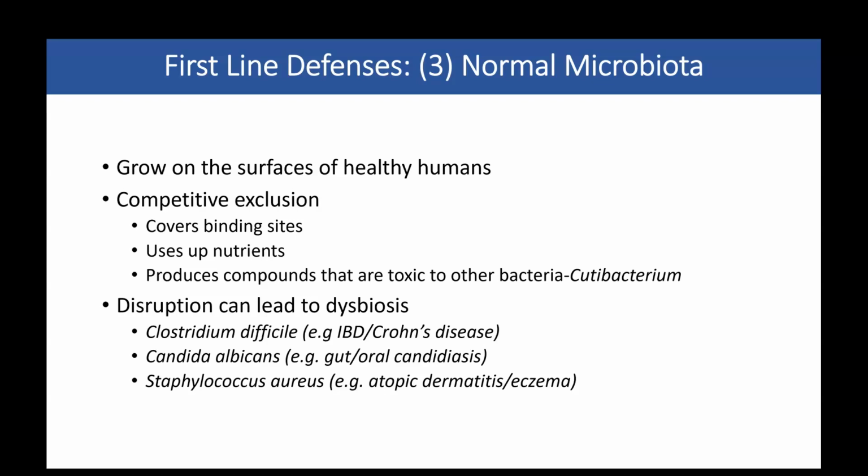It's a very dangerous state to be in, and it can be controlled by having normal microbiota in your gut. Another example of this is a yeast infection, Candida albicans. If you're taking antibiotics, it's going to get rid of the normal microbiota in your body. For example, we have a lot of lactobacilli in our vagina.